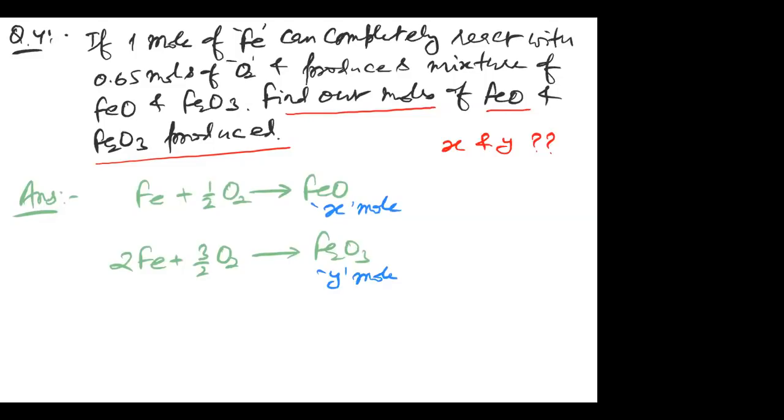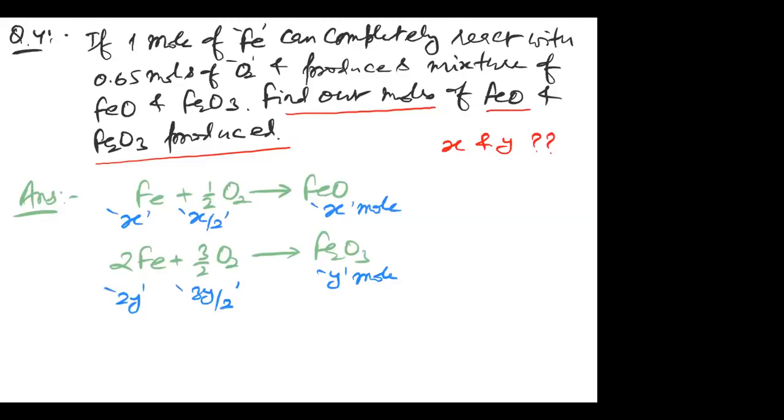If we have X mole of FeO, it should be X mole and X/2 moles of O2. From here, it is 2Y moles and 3Y/2 moles, for X mole of FeO and for Y moles of Fe2O3 respectively.